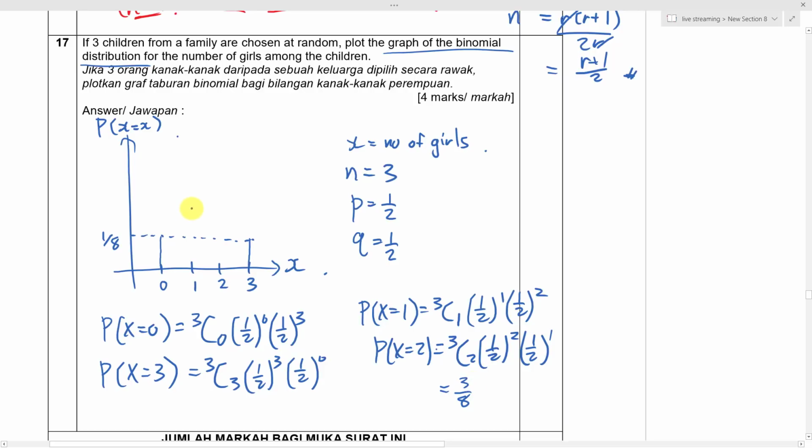Yeah, it should be 3 over 8. So both of these should be a bit higher. So this one also you will get 3 over 8. Yeah, so this should be my table. So Q is basically 1 minus P. Alright, so I guess that's the question.